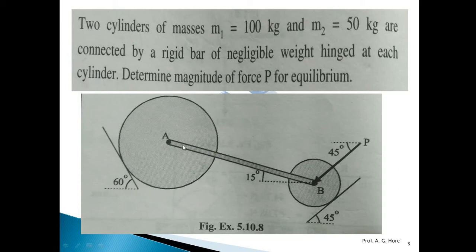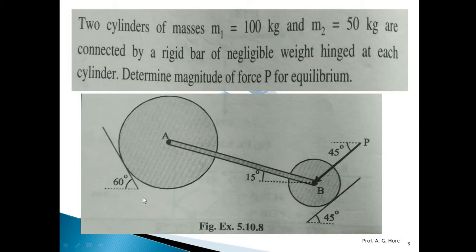So a compressive force is developed in this negligible bar. So draw the FBD of spheres A and B separately, with the compressive force for B and for A in that bar, which has an angle of 15 degrees with the horizontal.